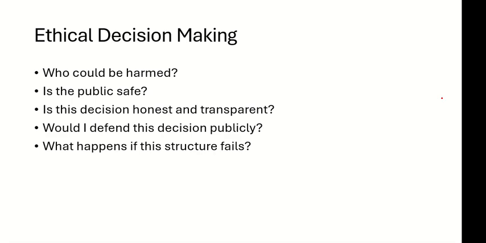So the point was that you are not assuming that the structure will remain safe for the entire 50 years or 100 years. We know after this much time it is supposed to fail. So we look at how it will fail and how we can make this failure safe as well.